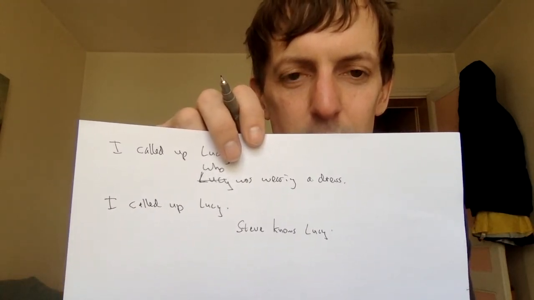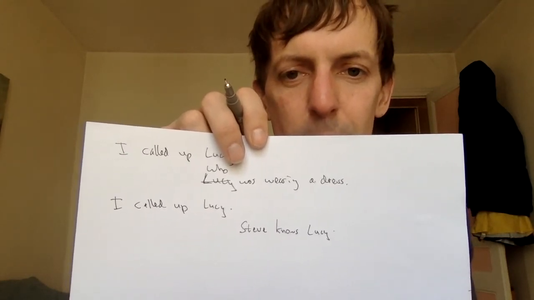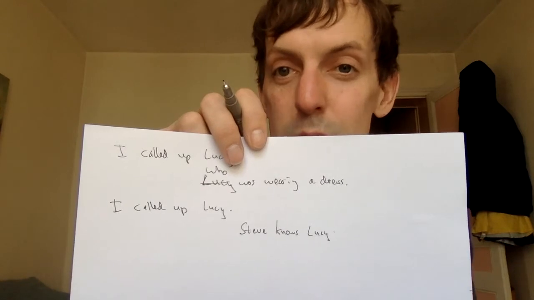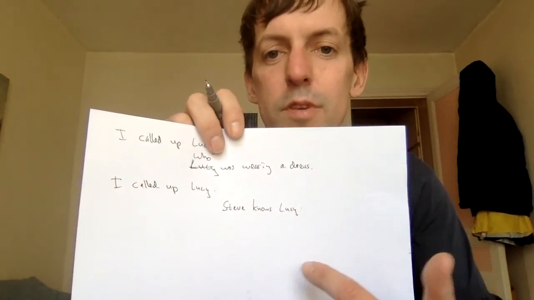That's Gertrude Stein or Hemingway, something like that, right? But we're probably going to say something like, I called up Lucy, who or whom Steve knows. So we're going to replace Lucy once again, but this time, as you can all guess, Steve knows Lucy, so Lucy is the direct object, right? That means we're going to use our complement form of who, which is going to be whom.